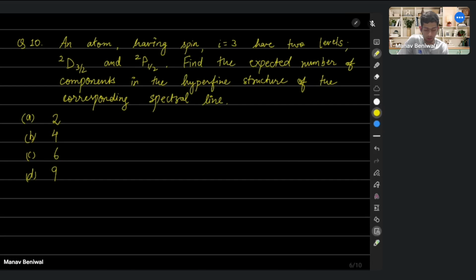So this is talking about an atom that has spin I equals to 3, and we are given two levels, 2D 3/2 and 2P 1/2. The question asks us to find the expected number of components in the hyperfine structure of the corresponding spectral line.